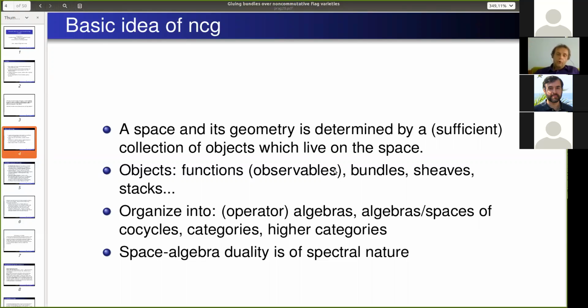And then we want to organize these objects into some sort of collections, like operator algebras, usual algebras, spaces of cocycles, K-theory kind of spaces, categories, higher categories, and so on. And these dual objects are with space in some sort of a dual relationship.